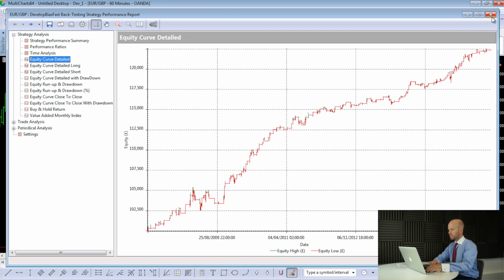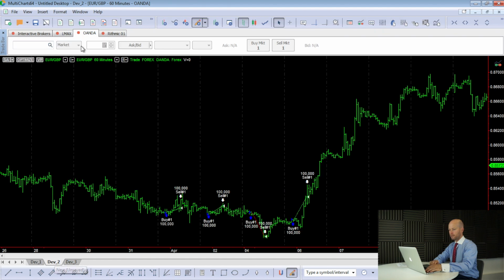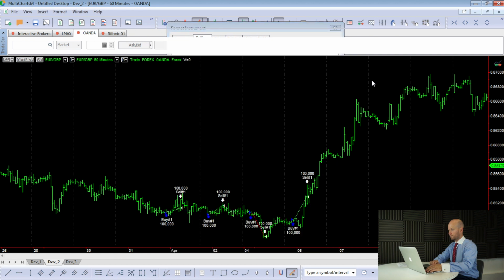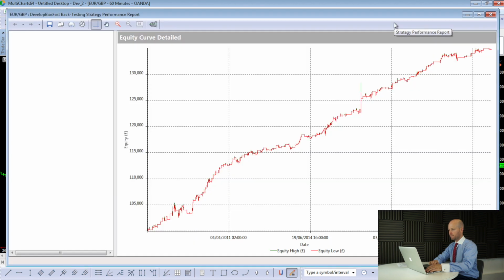Moving on to the next workspace, I've included data from 2008, so we're still going back to 2008, but I've got this through to around about the present day, which is 1st of September 2021. So we've got a load of forward data, and let's look at the equity curve.